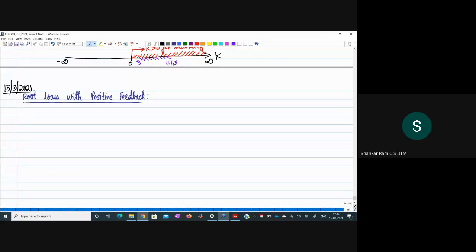All right. So once again, let me draw the basic block diagram of the closed loop feedback system. So we have the reference input, we have the forward path transfer function, which will give us the output, and we have the feedback path transfer function, H of S, which will give the signal W of S. Okay.